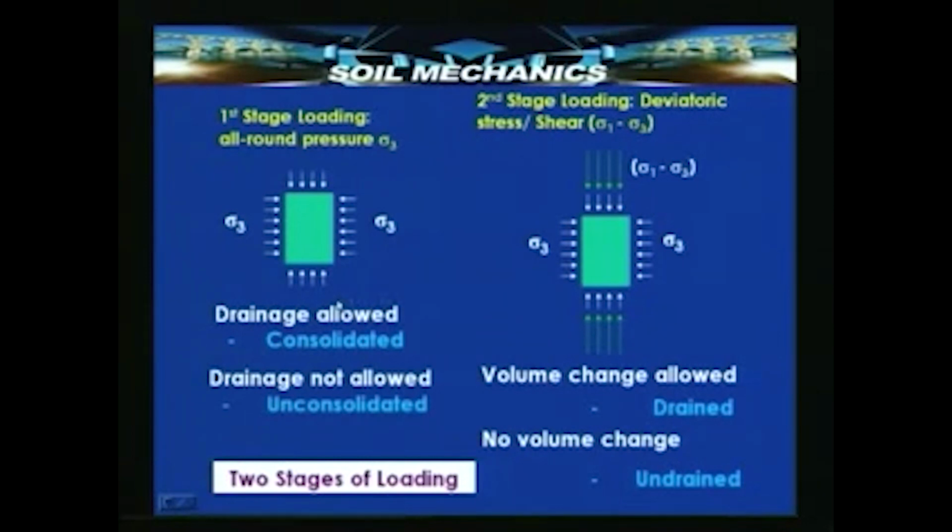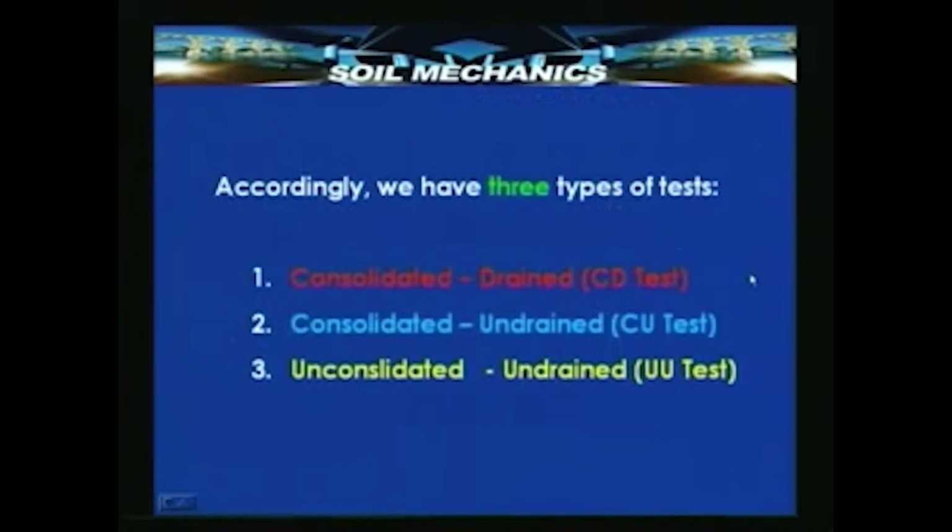So, the first stage has two possibilities, the second stage has also two possibilities, and combining the two we have 4 different combinations, out of which one is not a realistic combination, and therefore we normally use 3 combinations of the first and second stage loadings.